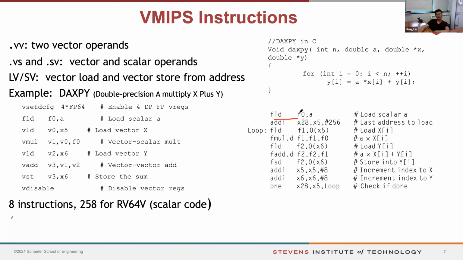So this is A. This is for X. And then loading X. This is multiplying A and XI. And then this is loading YI.